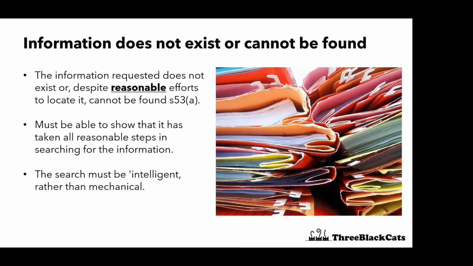So what happens once I have released it? When I release it, I send it to the individual and I send a letter or an email that says, please find a copy, attach the information you asked for, and we have redacted certain bits on the following grounds. And it's clear which bits on which grounds.